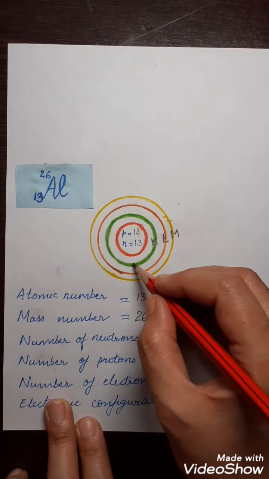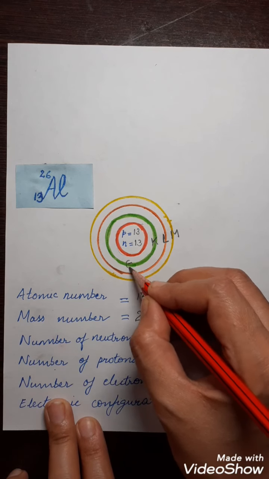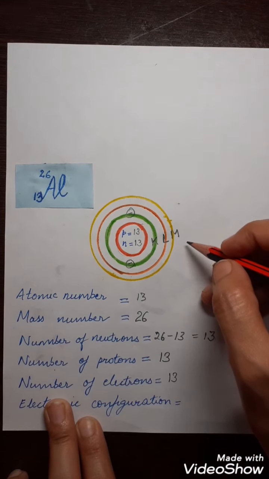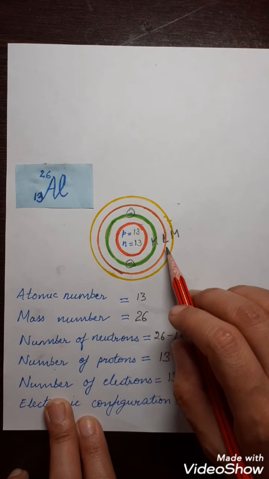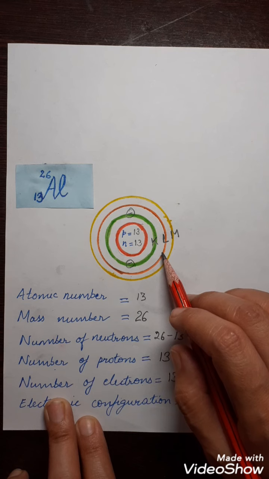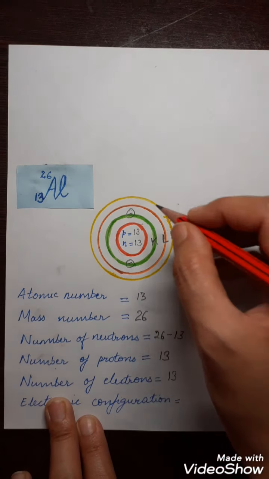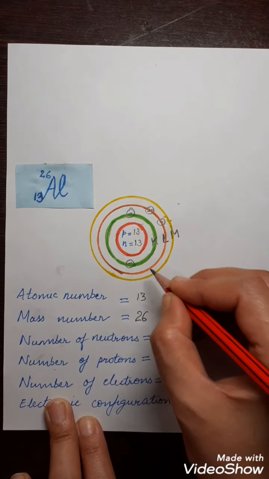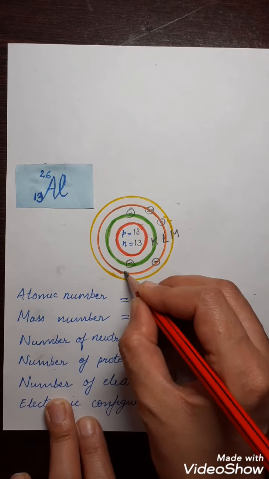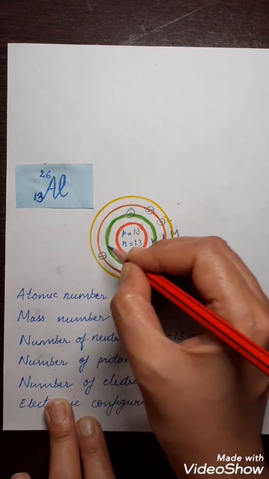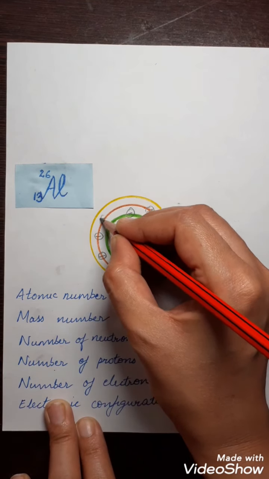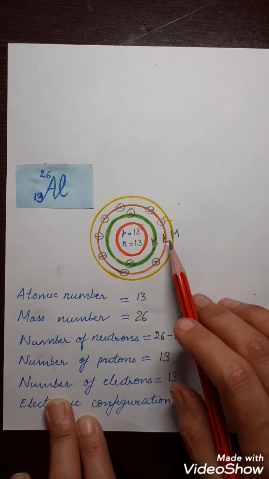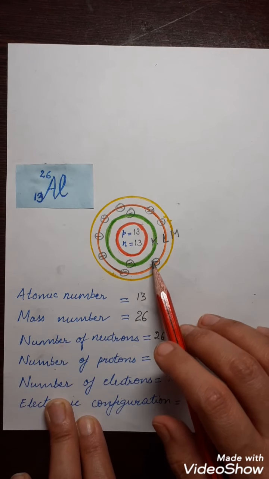So 2 electrons will go in the K shell. How many left? 11 electrons are left. We know the second shell, that is the L shell, can hold up to 8 electrons. So we will distribute the 8 electrons: 1, 2, 3, 4, 5, 6, 7 and 8. So 8 electrons are arranged in the second orbit.